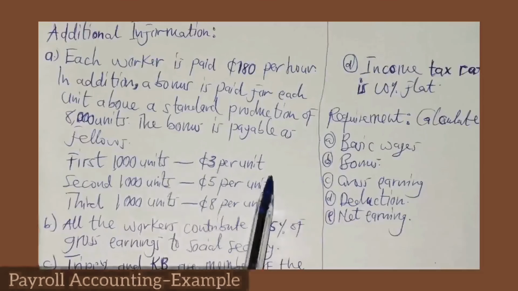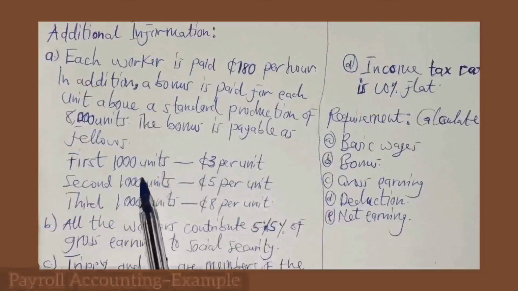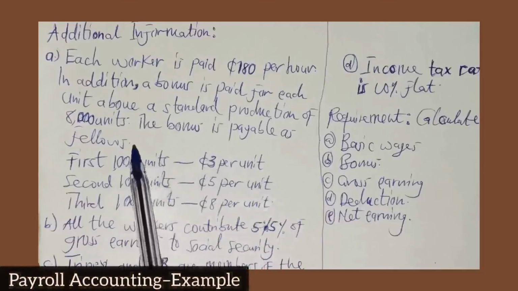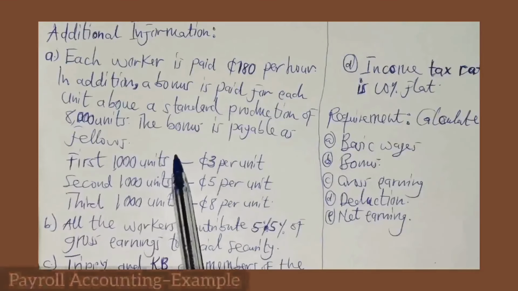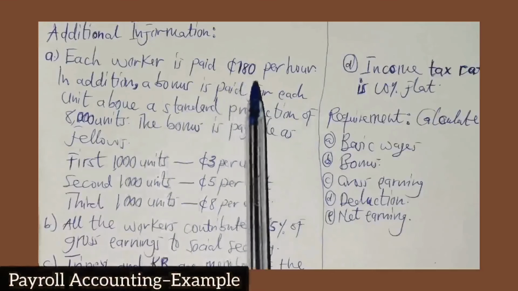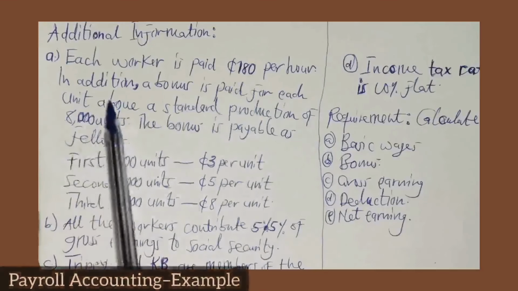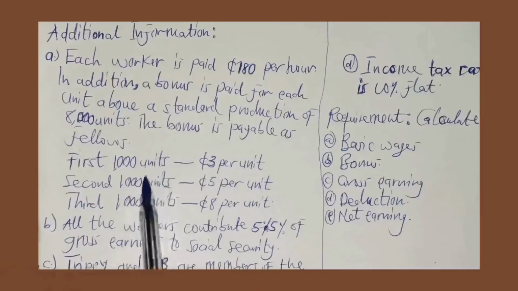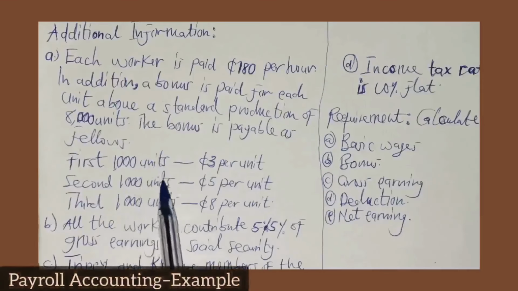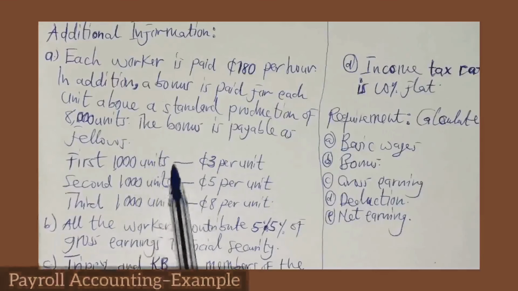Any unit which is above the standard production of 8,000 units will attract a bonus. So if you are below, you won't get any bonus. But if you are above the standard production, you get a bonus, and the bonus was subjected to these conditions, or these progressive units.